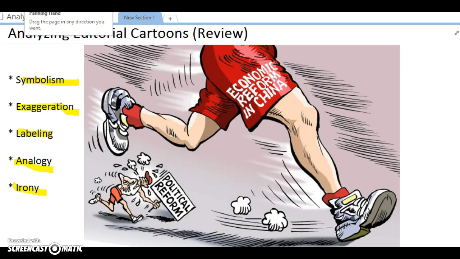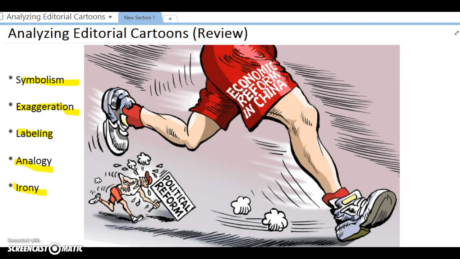Here we can see that the cartoonist has decided to draw a cartoon about economic reform and political reform in China. It is also my hope here in viewing this video that you will learn how to analyze editorial cartoons as we go through this school year.